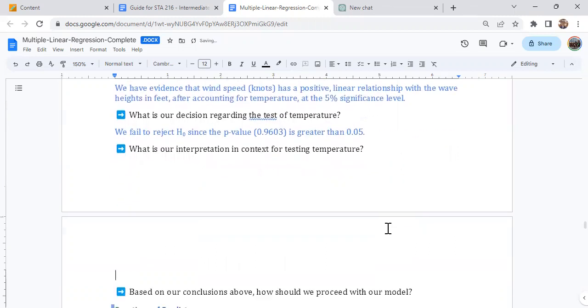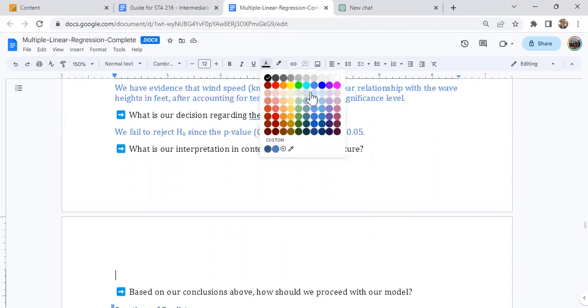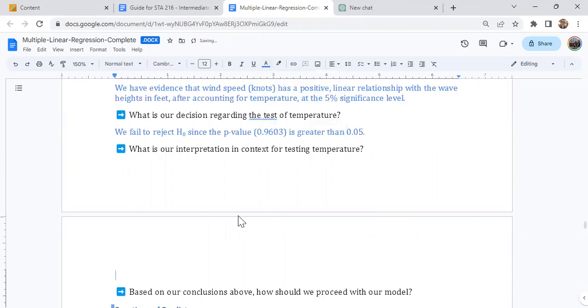Whenever you have a not statistically significant result, very generally, one way to say it is we have insufficient evidence.